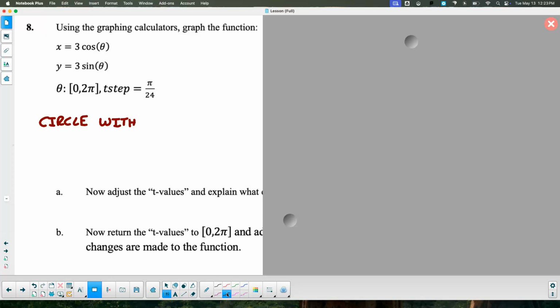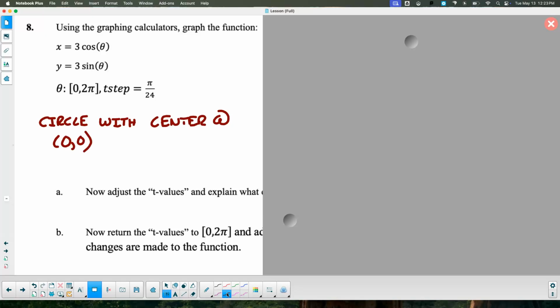What else can you tell me about the circle? It'll be right in the middle because there's no values afterwards. So it's got to center at the origin.